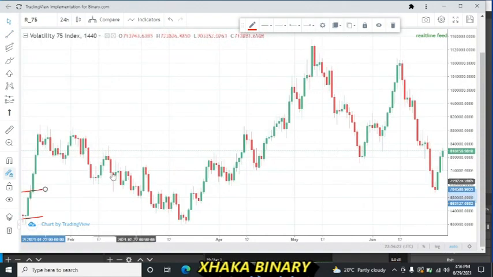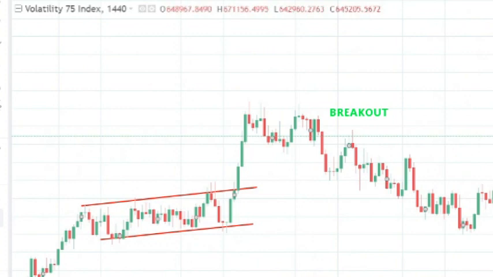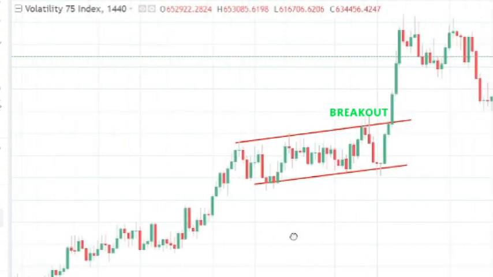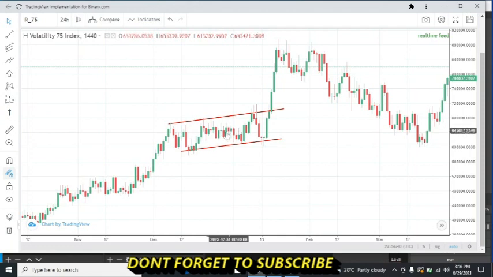Anytime you see something like this in an uptrend, know that once the market breaks out, you buy. But you have to be specific about where the market is going.